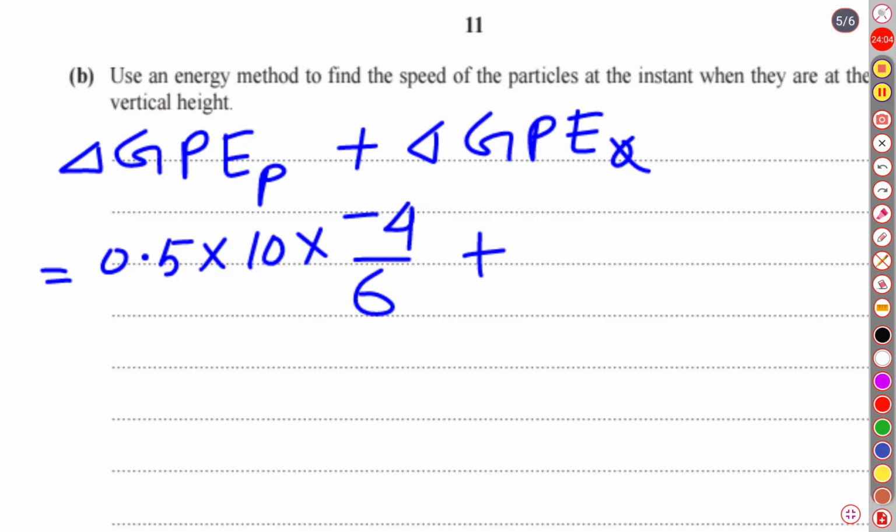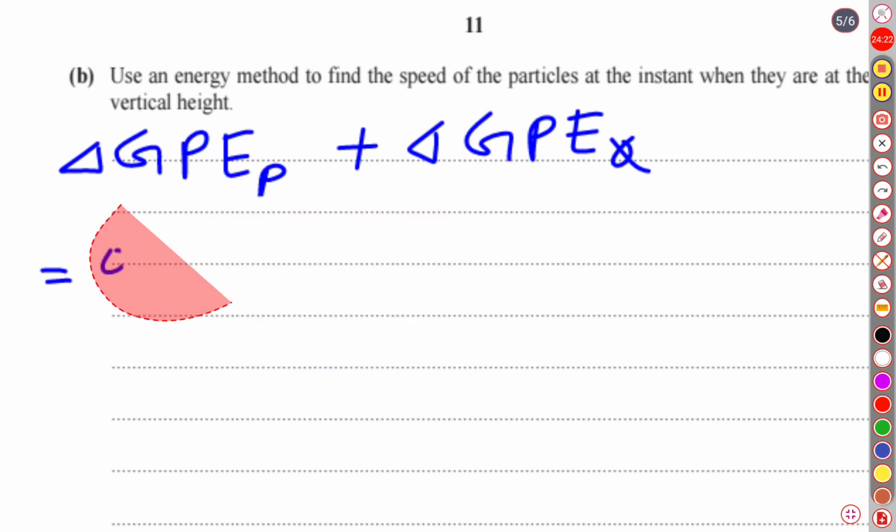I think I should write one more step. Let me erase this. Change in GPE is actually the formula of mgh.